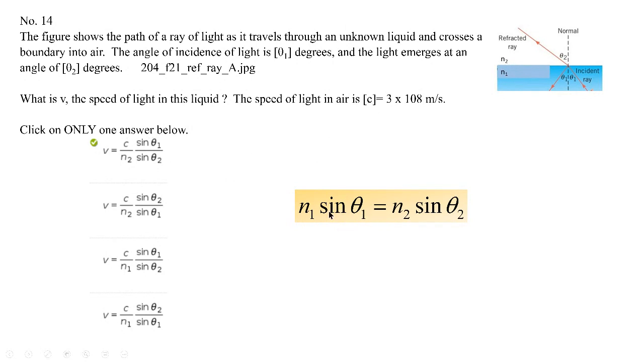I have n1 sine theta 1 equal n2 sine theta 2, but velocity is c over n. So the speed in the liquid, v1, is equal to c over n1.